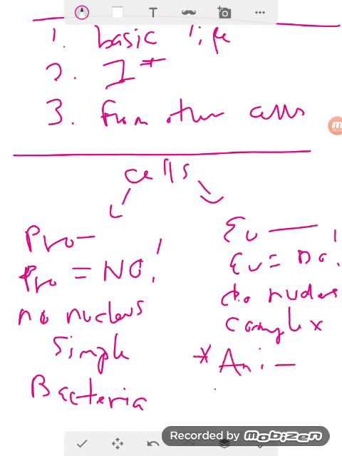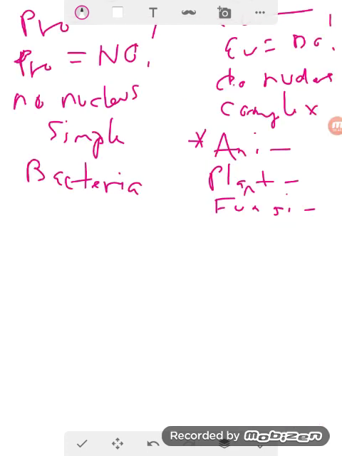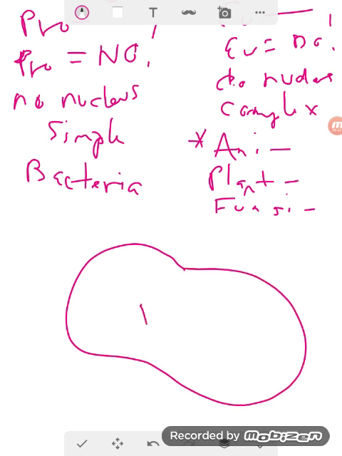We're looking at animals, we're looking at plants, and we're going to look at fungi. But regardless of the situation, just remember, all cells have to have these things. So DNA, some ribosomes, and then a cell membrane.